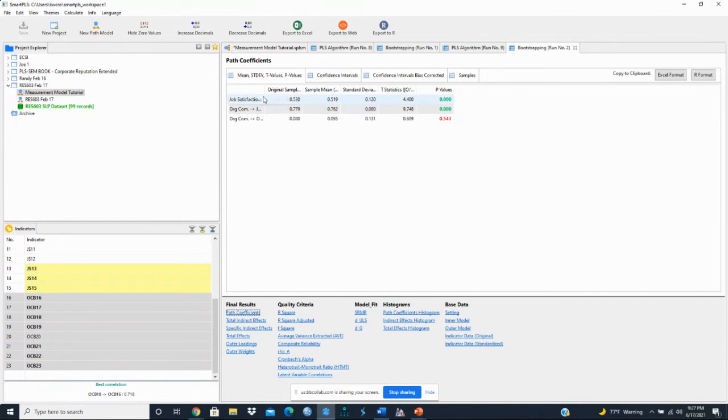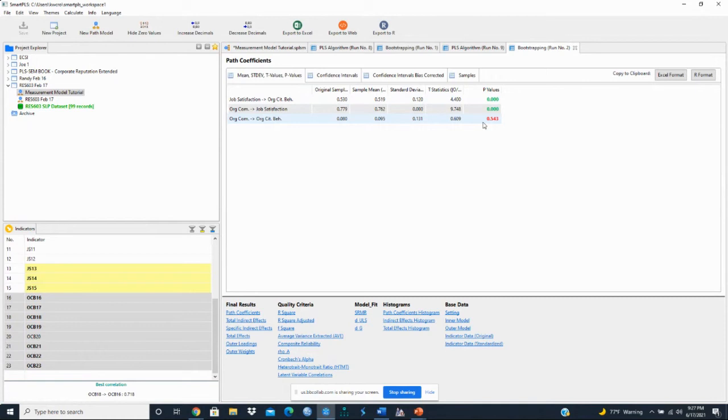So if we look at our total effects, now let's look at our path coefficients. We see here that our relationship from organizational commitment to organizational citizenship behavior is not significant. Our total effect showed a significant relationship there, but our path coefficients, looking at the net of the whole structural equation model at one time, show that when we consider the impact of our mediator, that relationship becomes non-significant.